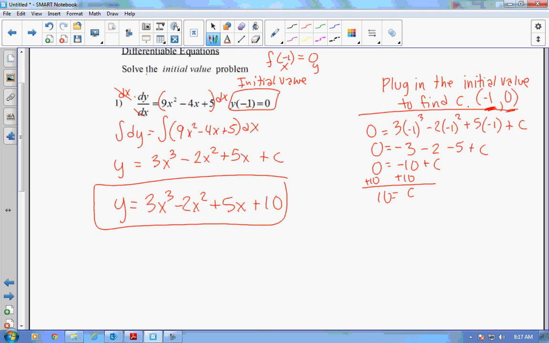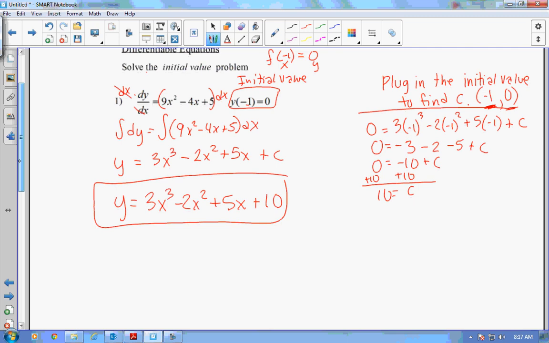Okay? With your table, do number 2. It's another initial value problem. So you have to integrate, find the value of c using the initial value, and plug it back in. Talk about it together.